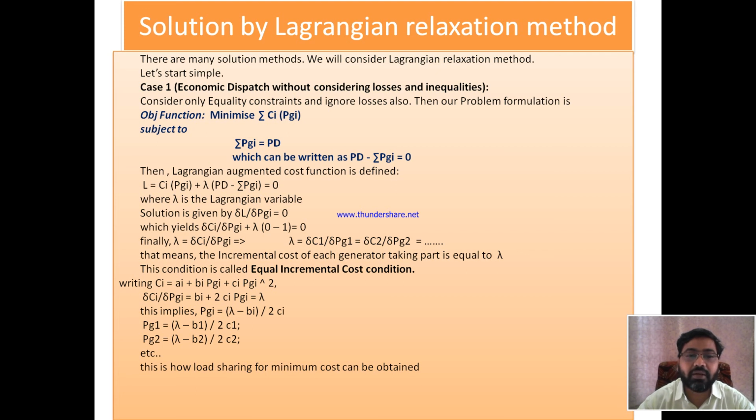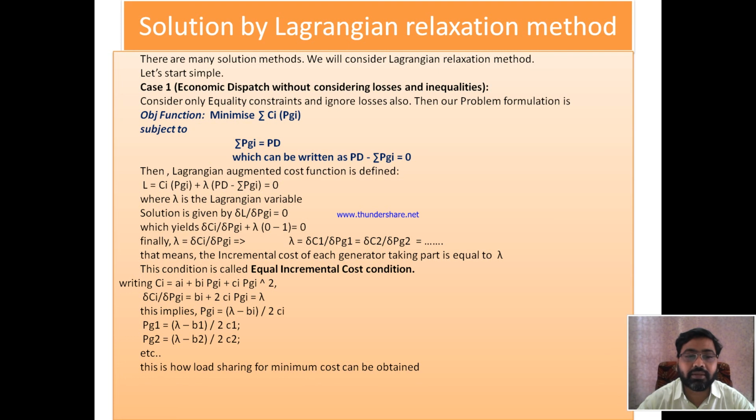Now here, if you expand Ci, which is ai plus bi PGi plus di, here in place of di I have used small ci PGi square. Then you differentiate it, and PGi is equal to lambda minus bi by 2ci.